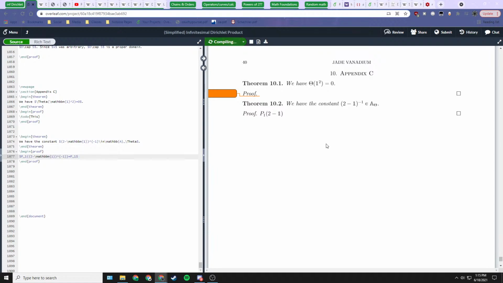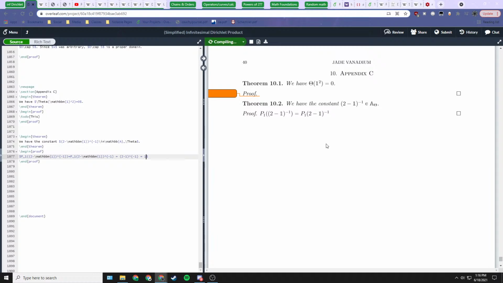In particular, since reciprocal is a complex analytic operation, P1 of a reciprocal is the reciprocal of P1. So this will be P1 reciprocal of 2 minus this bold 1. And also P1 is additive, so this is P1 of 2, which is 2, minus P1 of 1, which is 1. And this is 2 minus 1 inverse, which is 1.